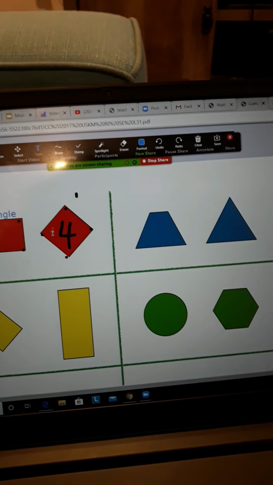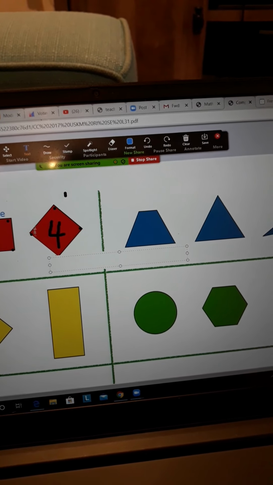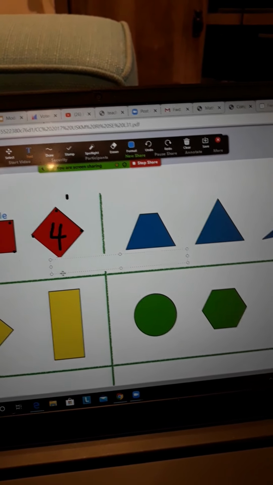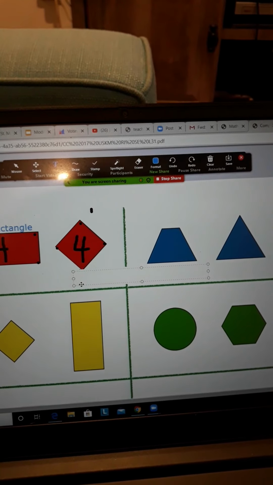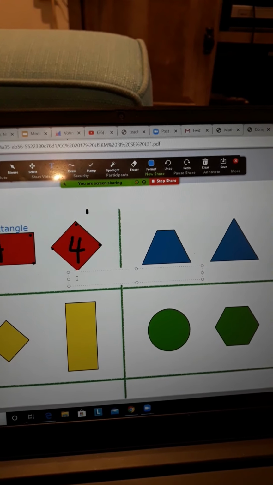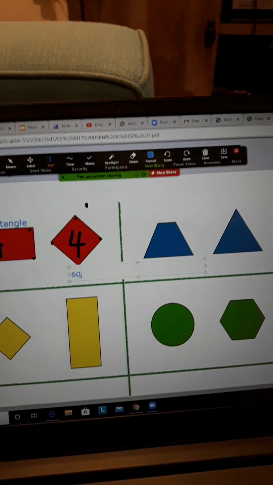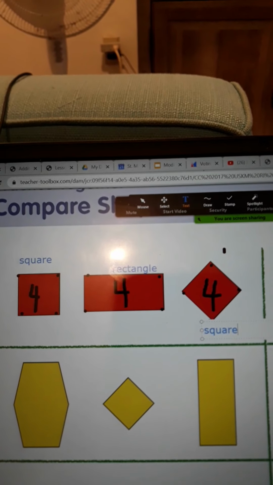And this is a diamond. But if we flip it, it could also be what other shape, boys and girls? A square. No, a square or a diamond. So now knowing that, which ones are the ones that are more similar?